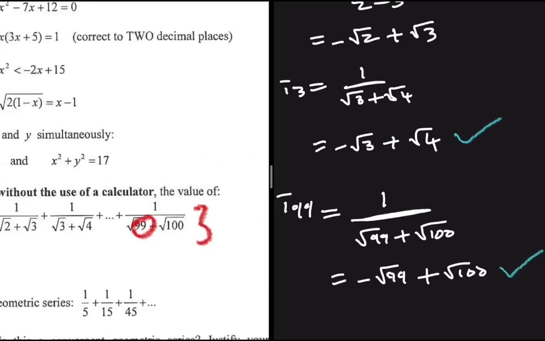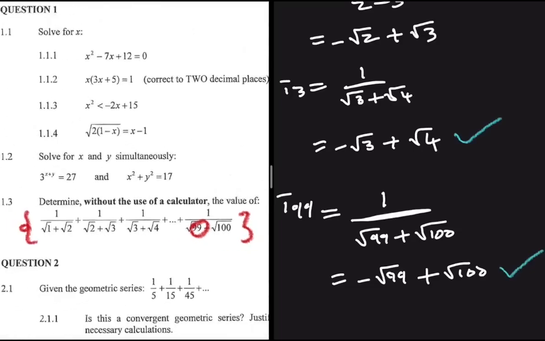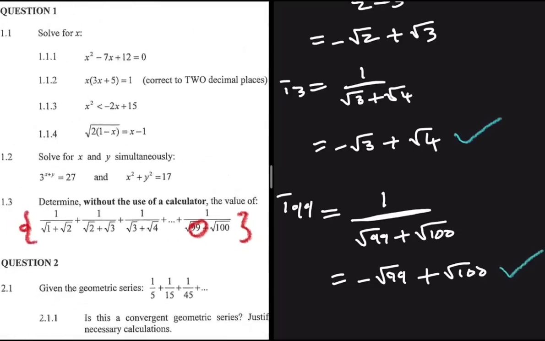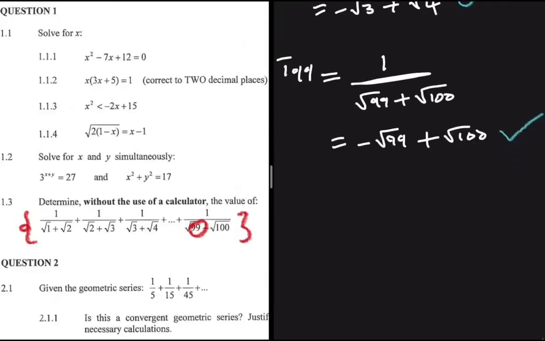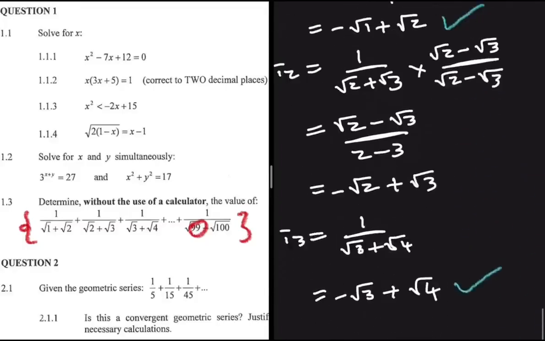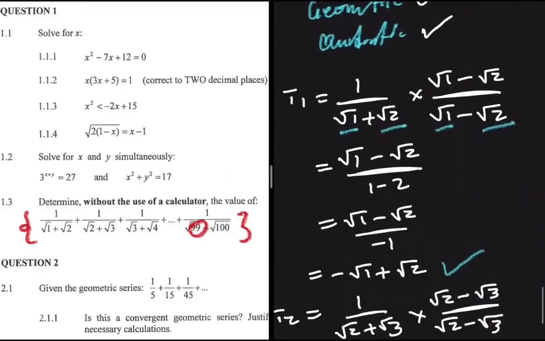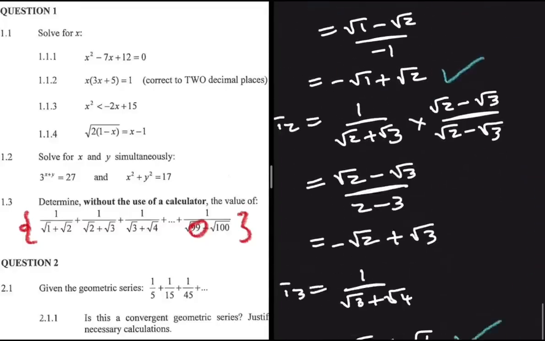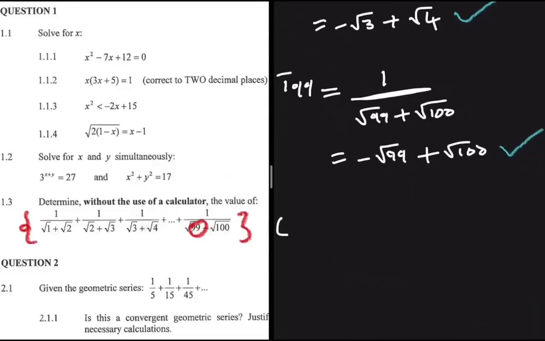Let's write our series again, but now using the rationalized terms. So if we do that for T1, what do we have? We have minus square root of 1 plus square root of 2, right? But minus square root of 1 is just minus 1, so we have minus 1 plus square root of 2. That is the first term, plus the second term.